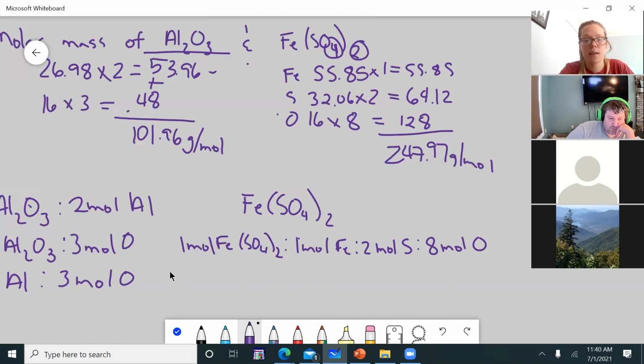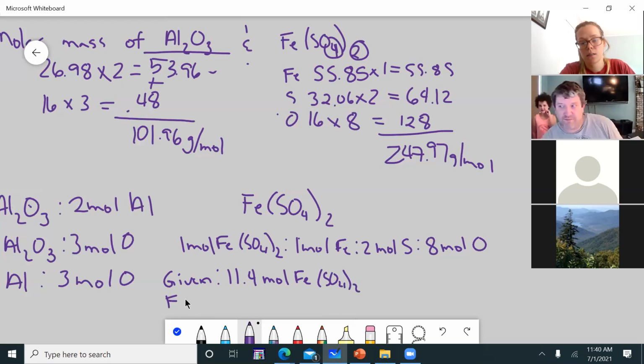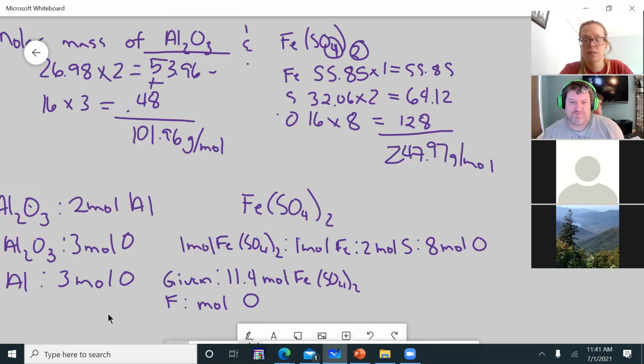the problem. So let's say we're given that we have 11.4 moles of FeSO4, 2, and I want to find moles of oxygen. I just want to know how many moles of oxygen it is.